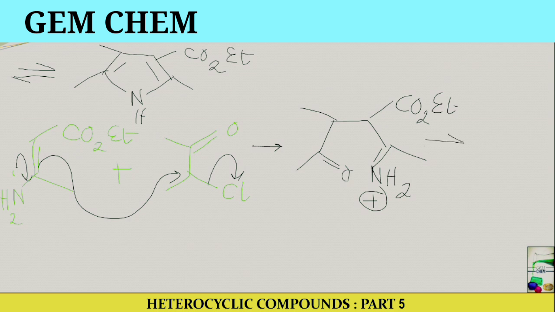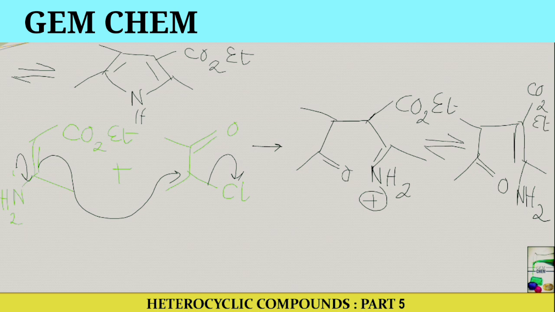Now this will undergo some changes to form the double bond oxygen, and you are going to have a double bond at this carbon, NH2, methyl group, and CO2Et. Finally, this will form your destined product. Once this lone pair present in NH2 comes here, this will move out and we are going to get the same product as in the previous case.